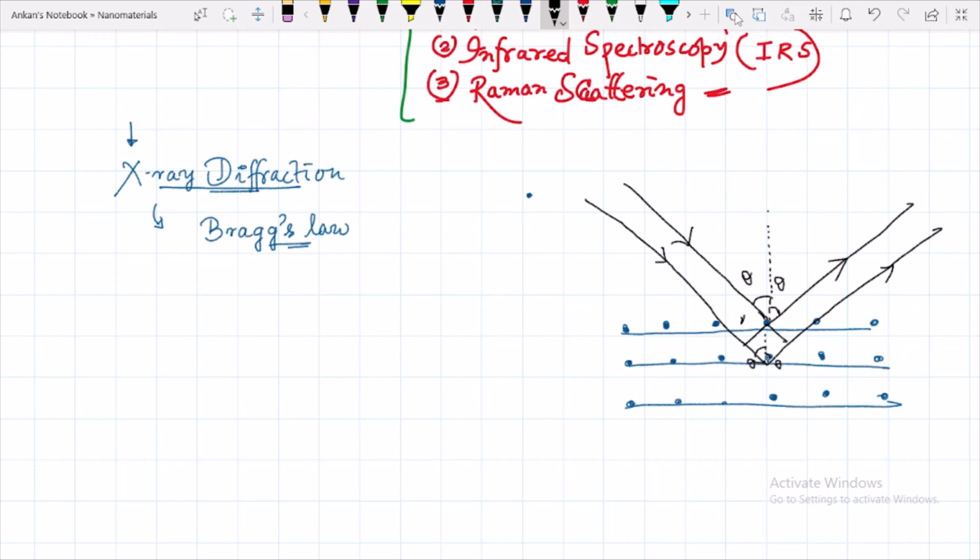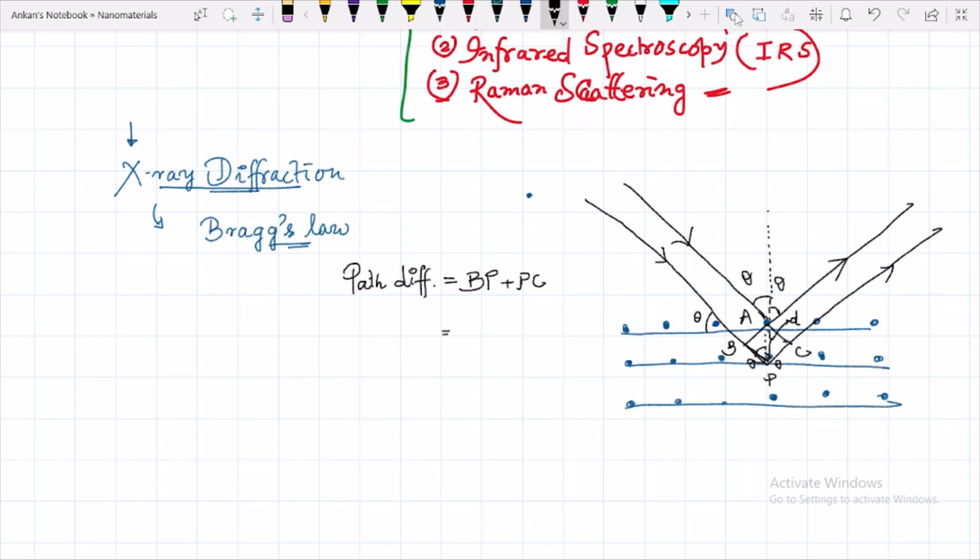So if I name these points A, B, C, the relative path difference between the two light rays will be equal to BP plus BC, and this is the distance between two lattice planes, which is equal to d.